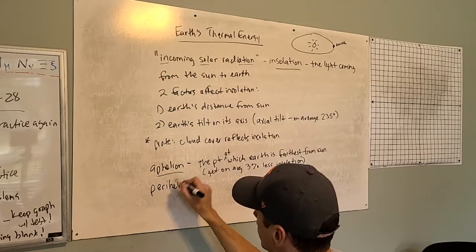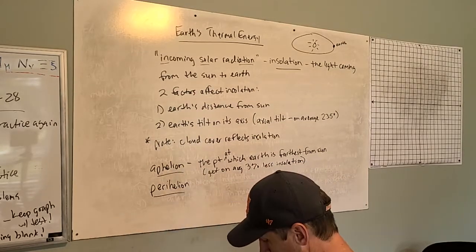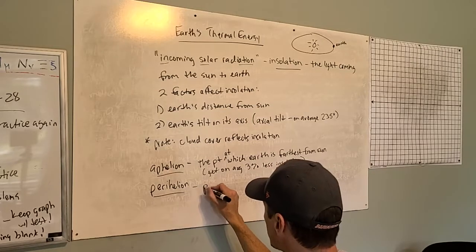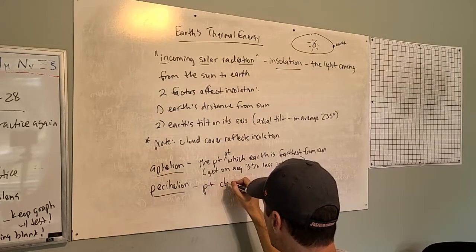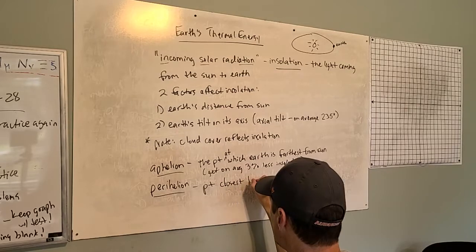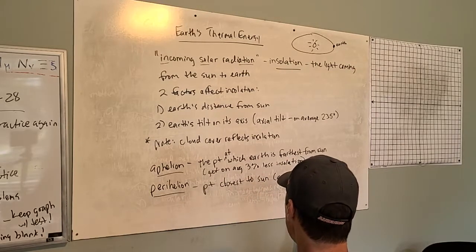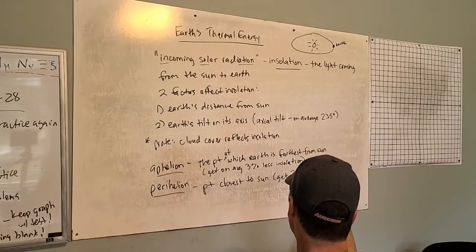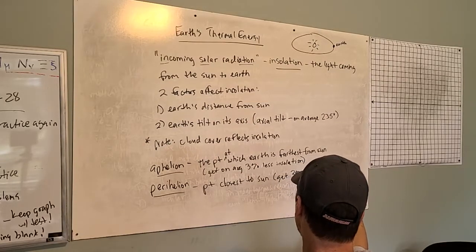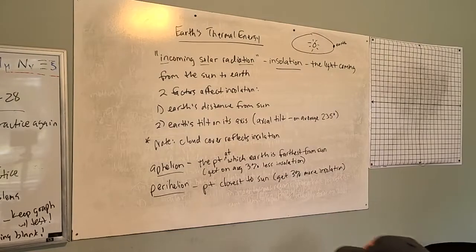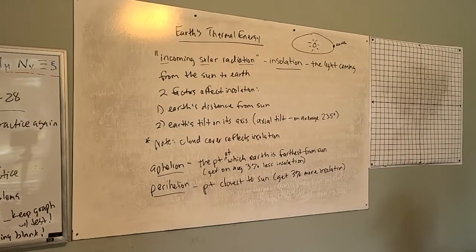Right? So that's aphelion, and perihelion is the point that is closest to the sun, and you get 3% more insolation when that's the case. Make sure you know those two terms.